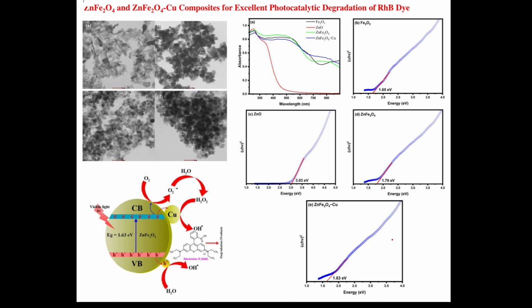So here the band gap plays an important role, and the size and the surface area of the material play an important role for the degradation of rhodamine B dye. So a different dye was used here for this purpose.